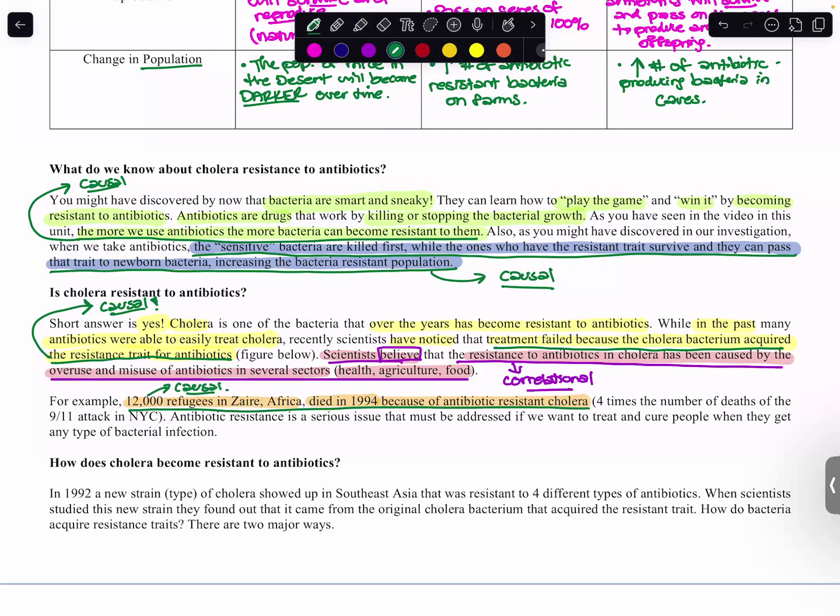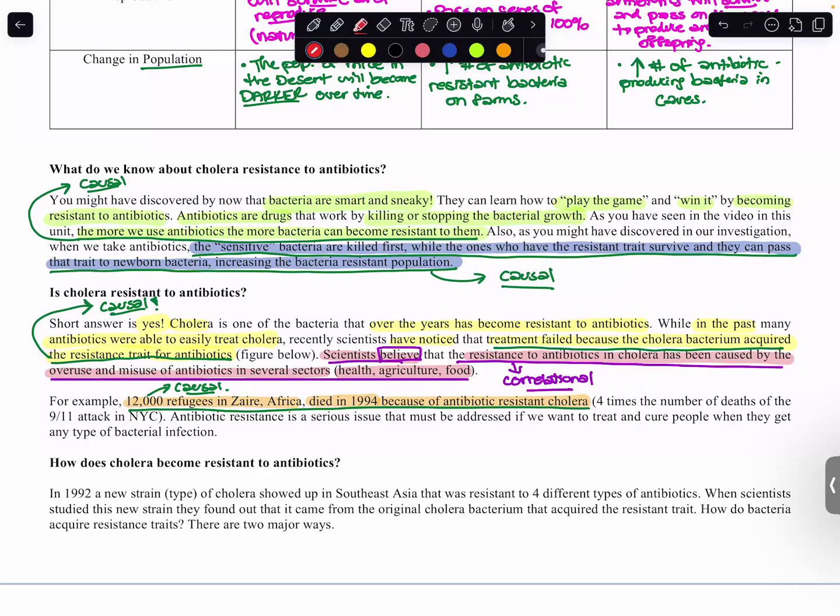Right? It's telling us that 12,000 refugees died because of antibiotic resistant cholera. So we do know that these cholera are antibiotic resistant and that it is deadly because it killed 12,000 people in Zaire in 1 year, 4 times the number of deaths of the 9/11 attacks in NYC back in 2001.